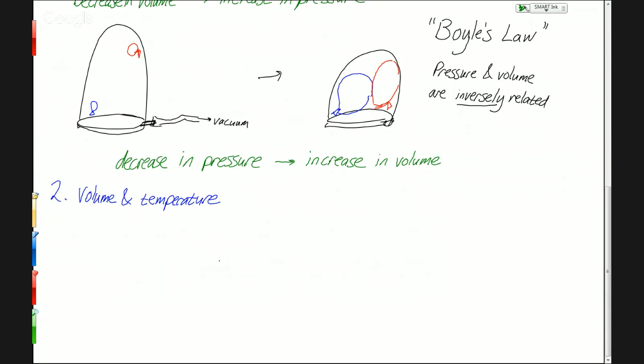What happens if you heat up a sample of gas? It makes whatever you're heating up bigger, right? Has anybody ever seen an example of this happening? No. Okay. I didn't know if anybody had any good examples.